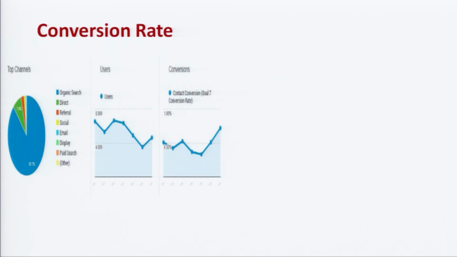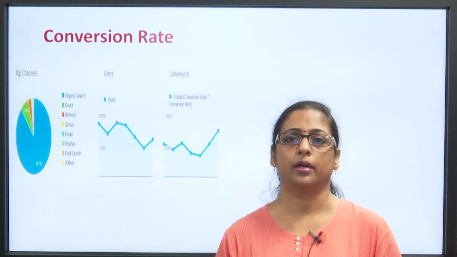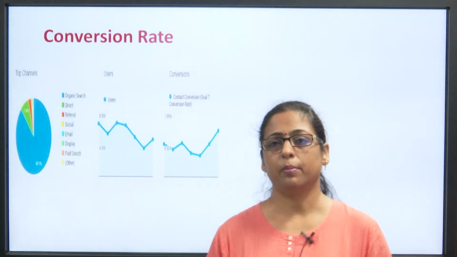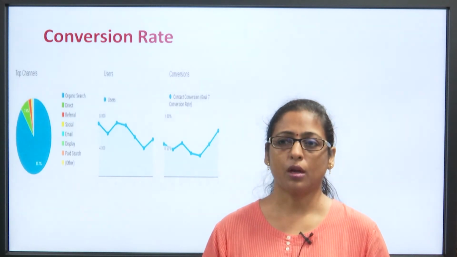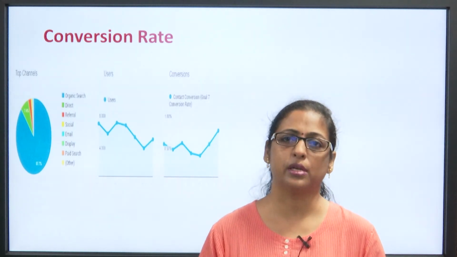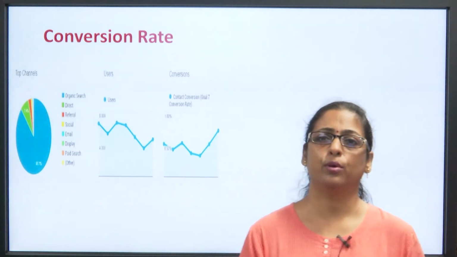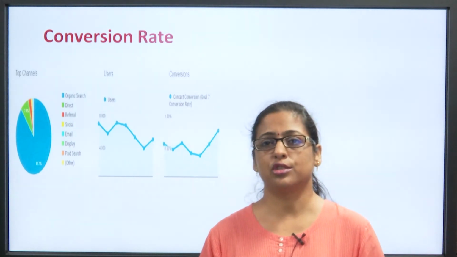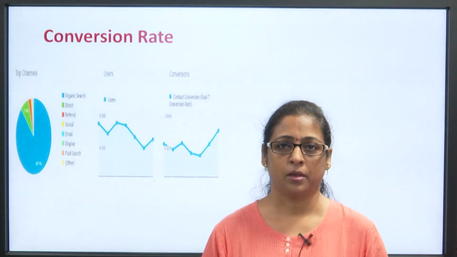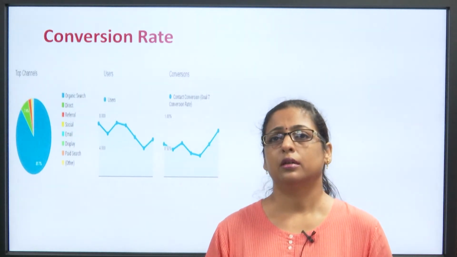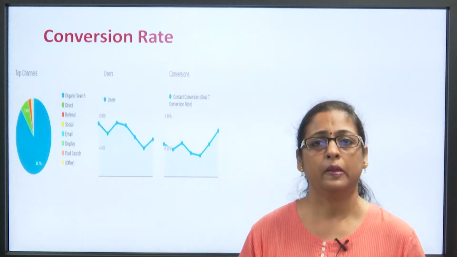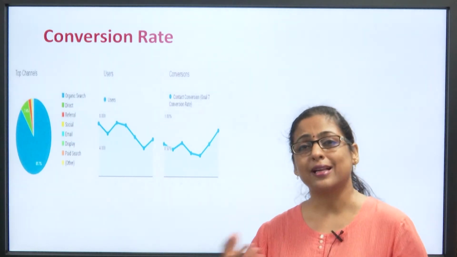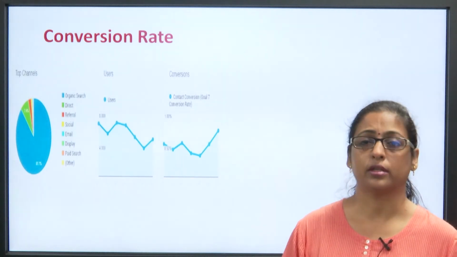So, the first is conversion rate. Conversion rate basically means how many people are getting converted. For example, there may be a company which has a lot of traffic, a lot of audience, a lot of people very much interested in searching for information on that particular website, but the product or services offered by the company are not being bought by as many people as the audience or traffic is.